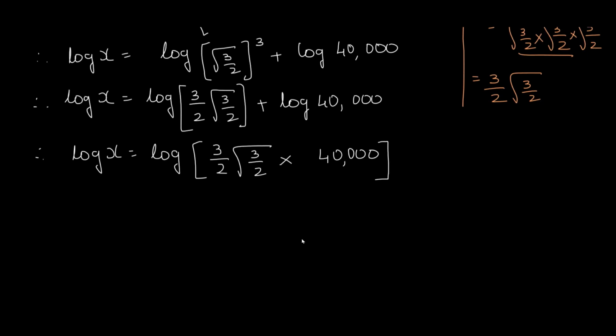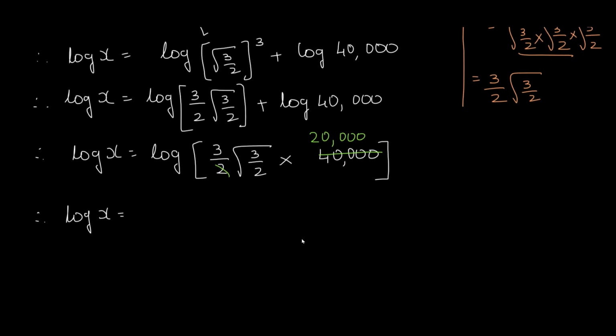Now we can cancel out this 2 with 40,000, so we get 20,000. And the value of root 3 by 2, which they have given us in the question, is 1.2247.